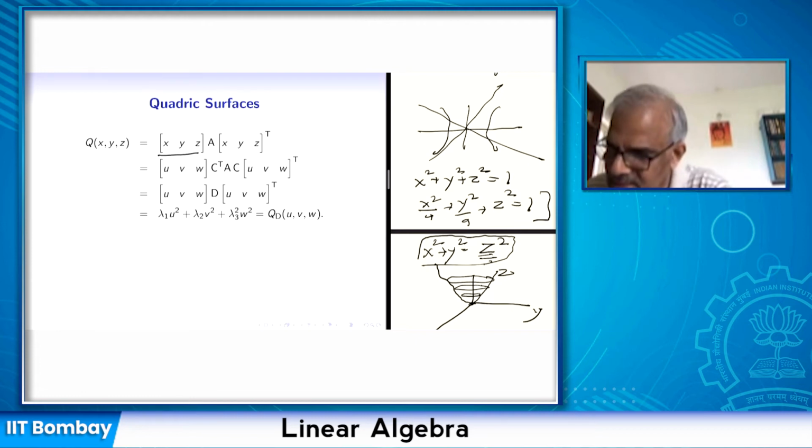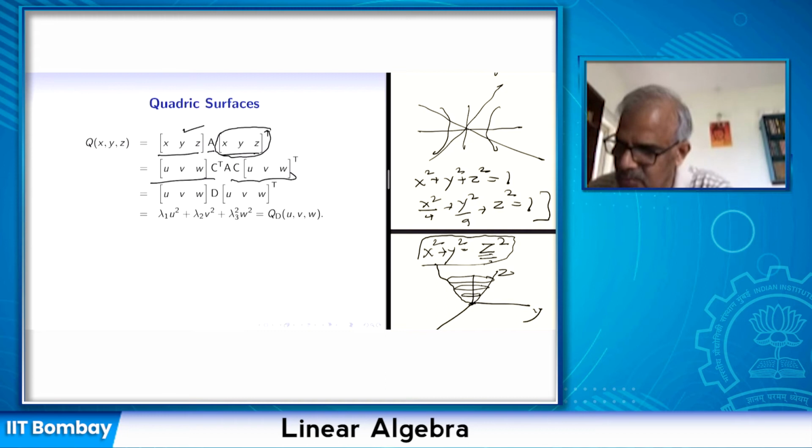XYZ is equal to C times UVW. I have not changed A here. This is the transpose of this column vector. I got confused: this is a column vector and this is the transpose.